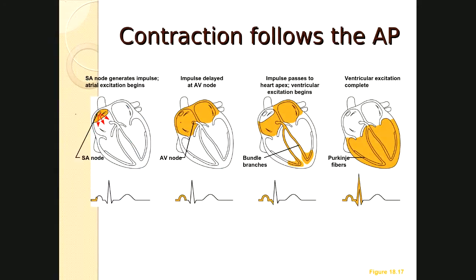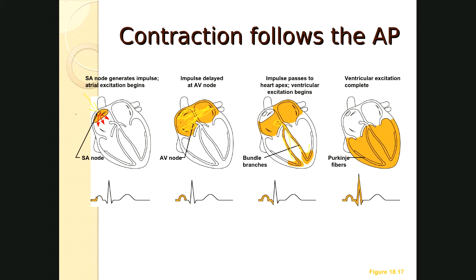Well, look, we can follow the action potential. So this yellow part is actually the action potential. So again, it starts right there at the SA node. And then look, it spreads over the atria. And then it's picked up by the AV node, passed down the AV bundle, and then the Purkinje fibers.